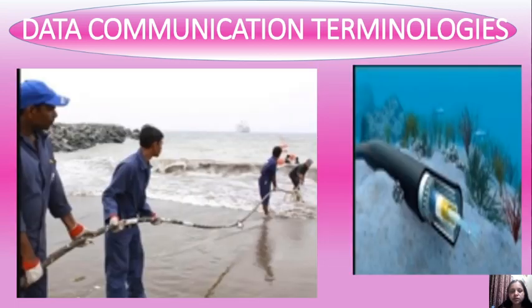Here you can see another two images. On the left side we can see some persons trying to install fiber optic cables under the sea or ocean, and on the right side you can see one fiber optic cable installed underwater.